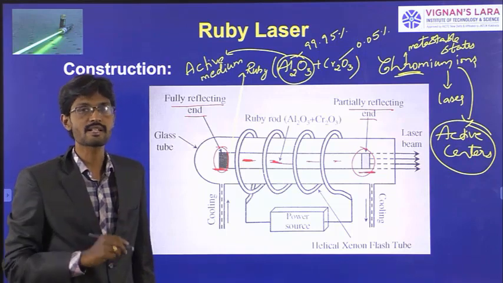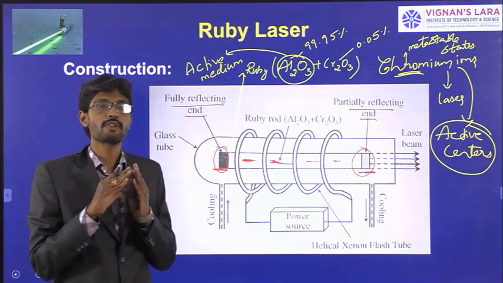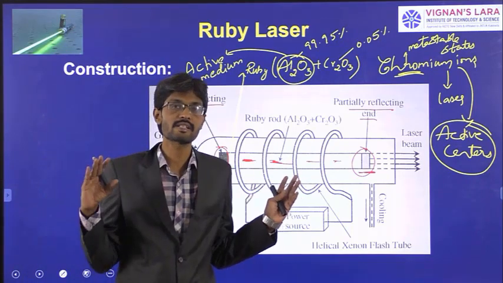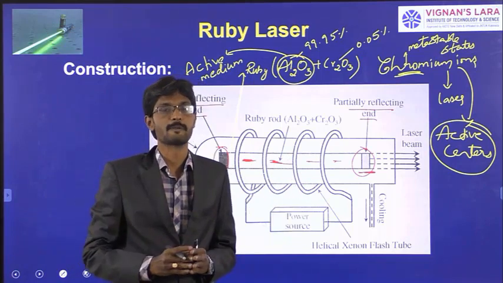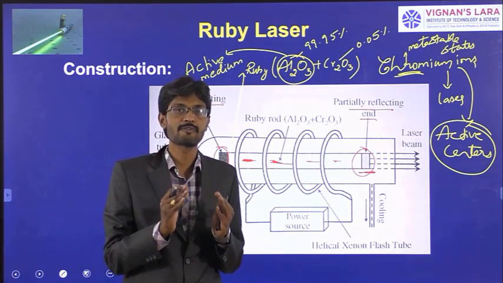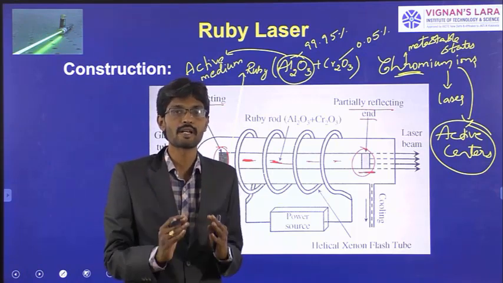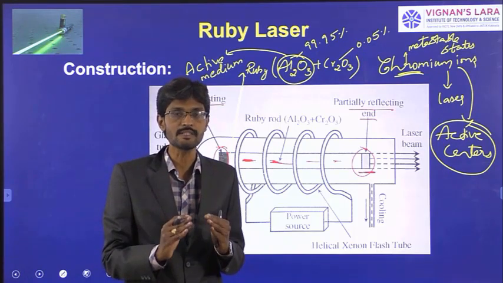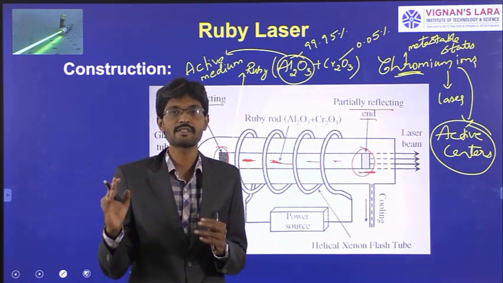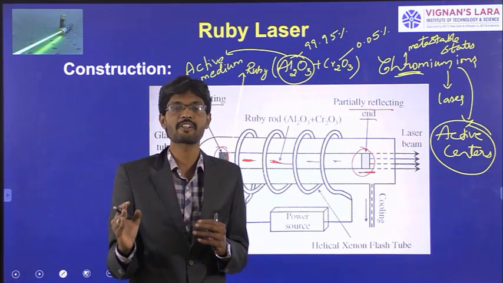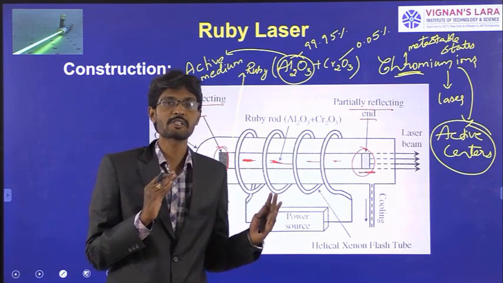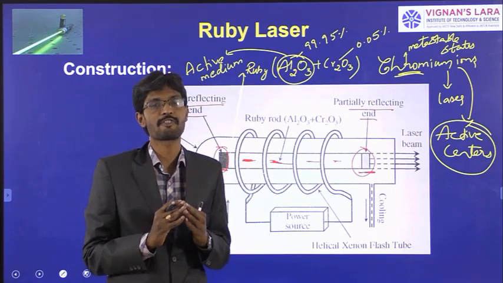In the solid state laser, we don't take external mirrors to form the optical resonator. The end surfaces of the active medium are ground and polished with silver such that one surface acts as a 100% reflecting mirror and the other surface acts as a partially reflecting mirror.